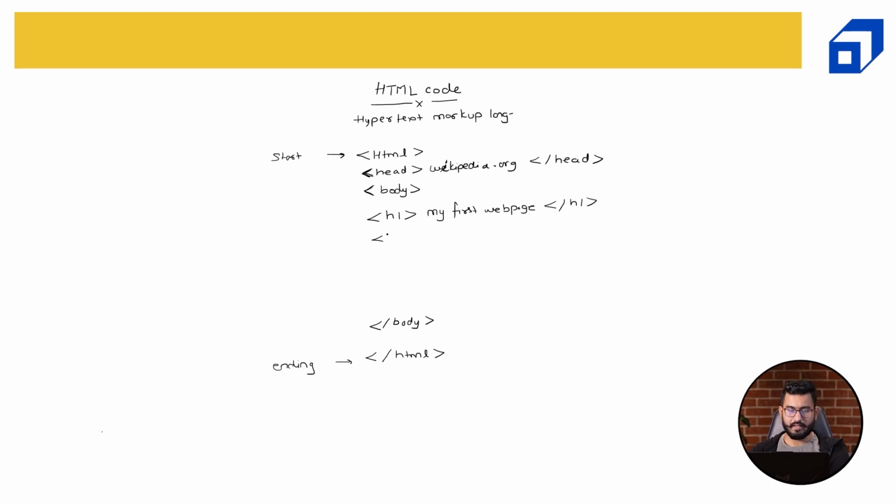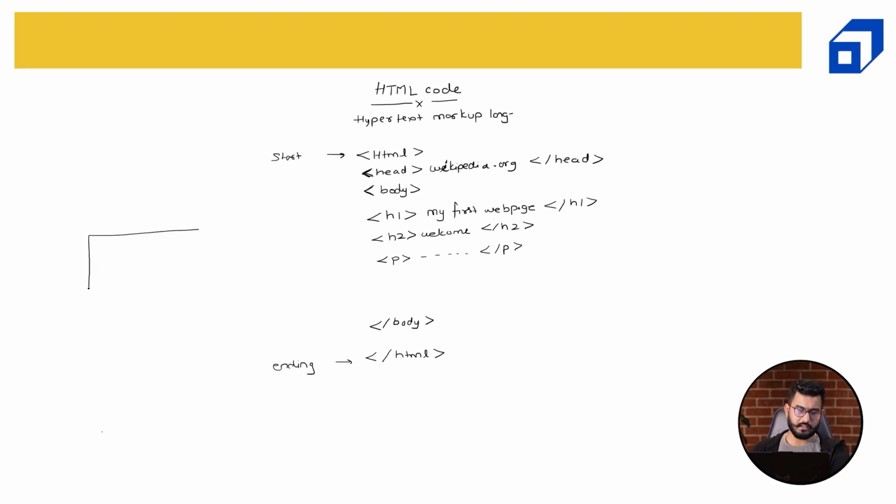Then we will have an h2 heading, a level 2 heading also. So welcome, then /h2. Then let's say I need to write a paragraph, so p, then we write some paragraph and /p. If I want to create a division, what is a division?